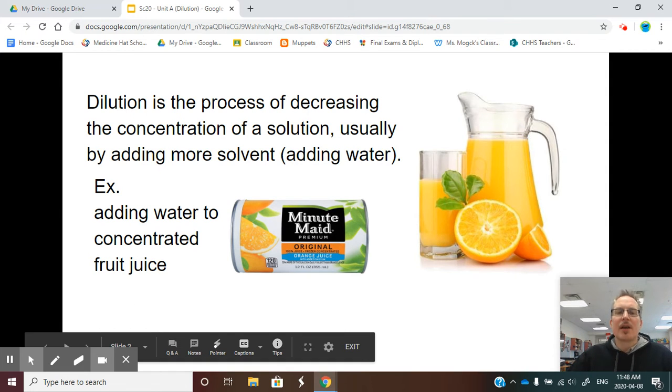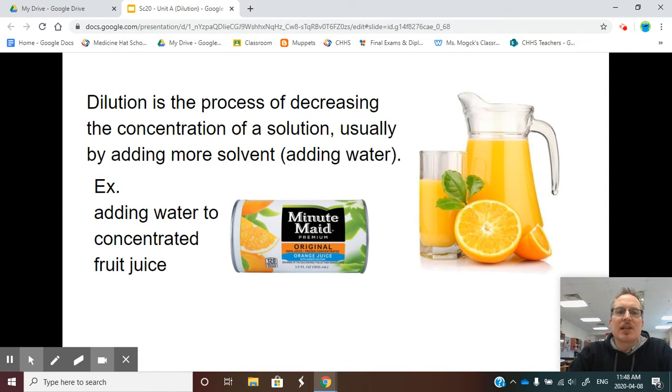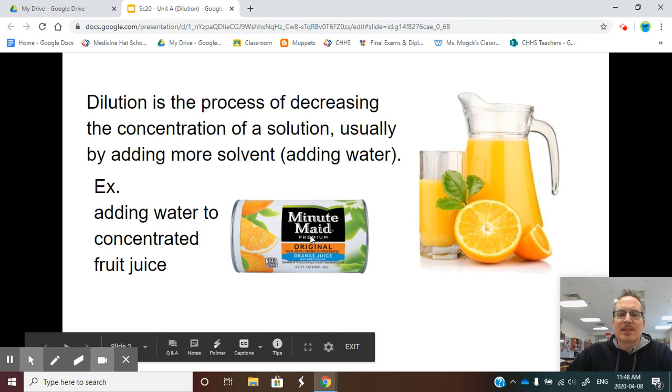If we take a look, most of us should already know that dilution is the process of decreasing the concentration of a solution. Usually we do this by adding more solvent, or for our benefit, adding more water. Think of it as you go into your freezer and you grab this Minute Maid orange juice. It's concentrated.